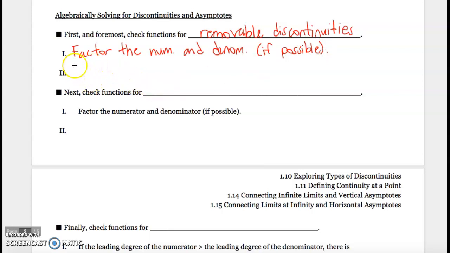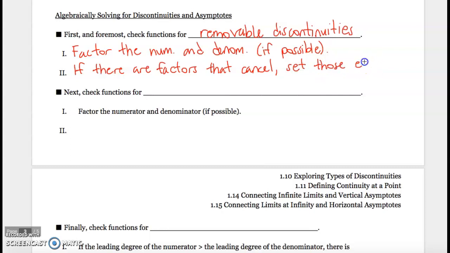And then if there are factors that cancel, set those equal to 0 and solve, because then those factors would result in a removable discontinuity.